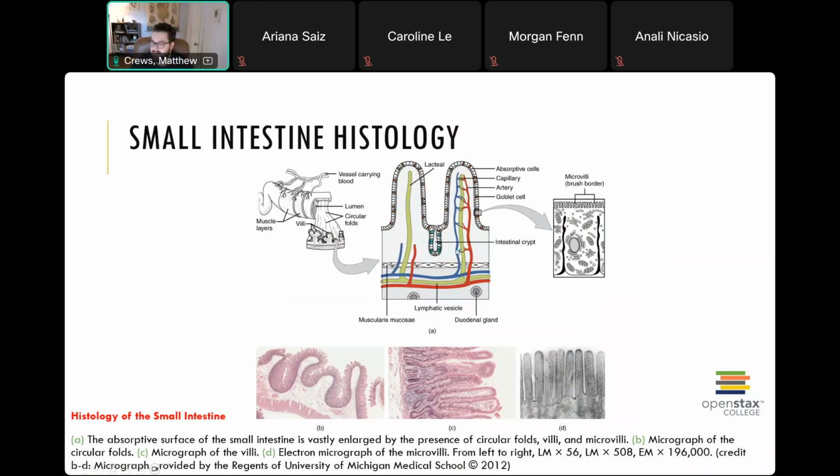And then you have crypts where some absorptive things happen, and then you have absorptive cells. Each individual cell, like this one, will absorb nutrients that way. So we're not really breaking down nutrients anymore.